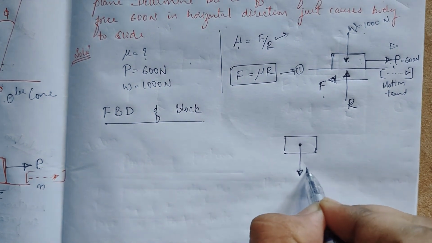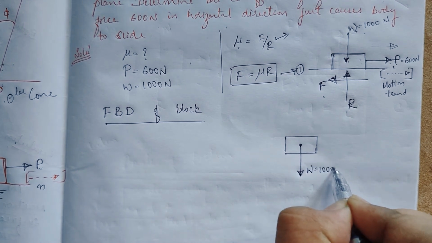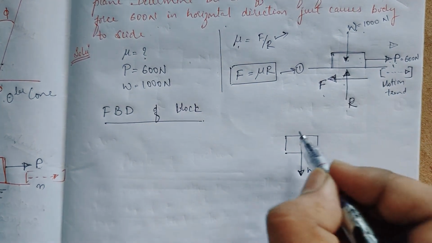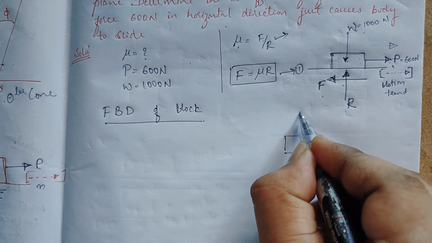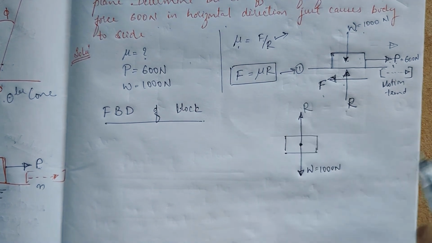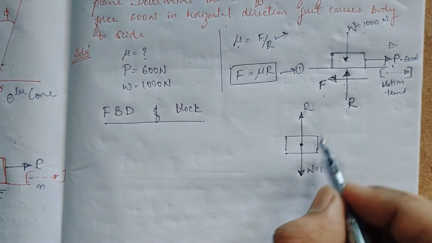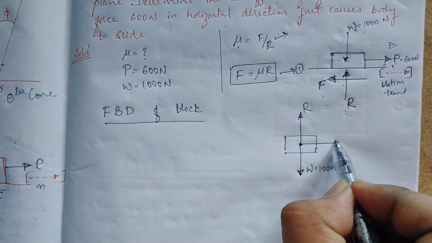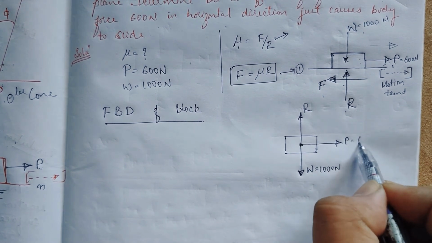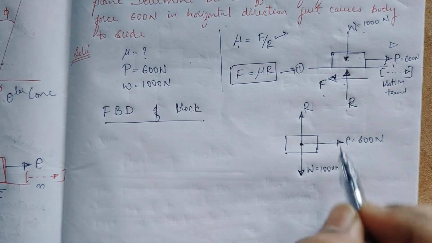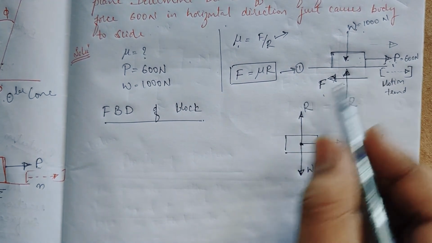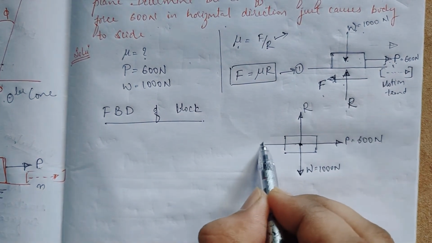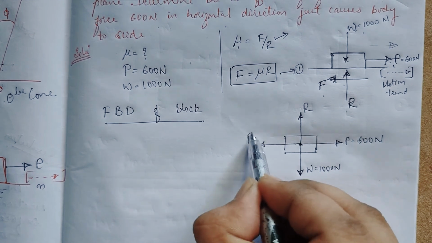So W, which is equal to 1000 Newton, acts downwards, and R is acting upwards. Another load is acting, that is P. P is 600 Newton, and the friction force is opposite to P. I will take it here.